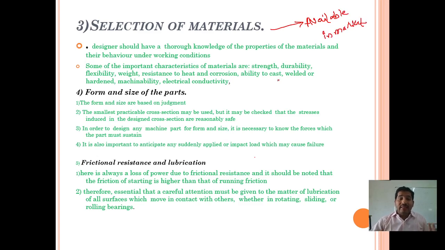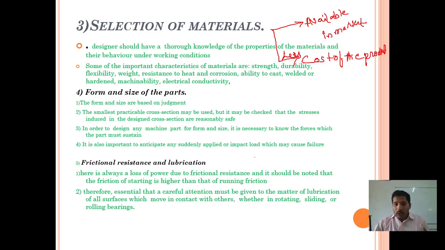And the third and most important thing is that the selection of material is based on the cost of the product, the lower cost. And the fourth point is some important characteristics of the material. Does the material have strength or not?